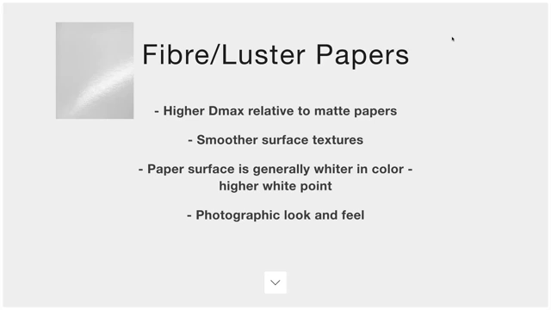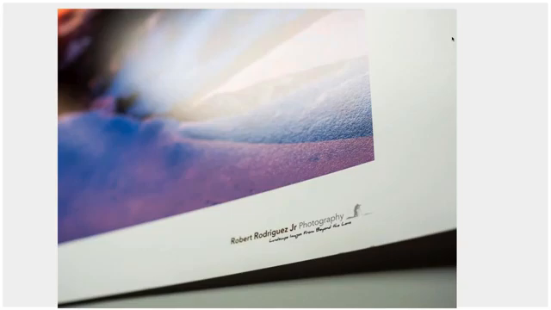And there are various levels of reflectivity and texture in this category, but in general, we can all call them luster papers. They're not as reflective as gloss, for example, but definitely more reflective than any kind of matte paper. The critical visual difference is the level of Dmax or black density that these papers can hold, and that's what really makes them stand apart from matte papers.